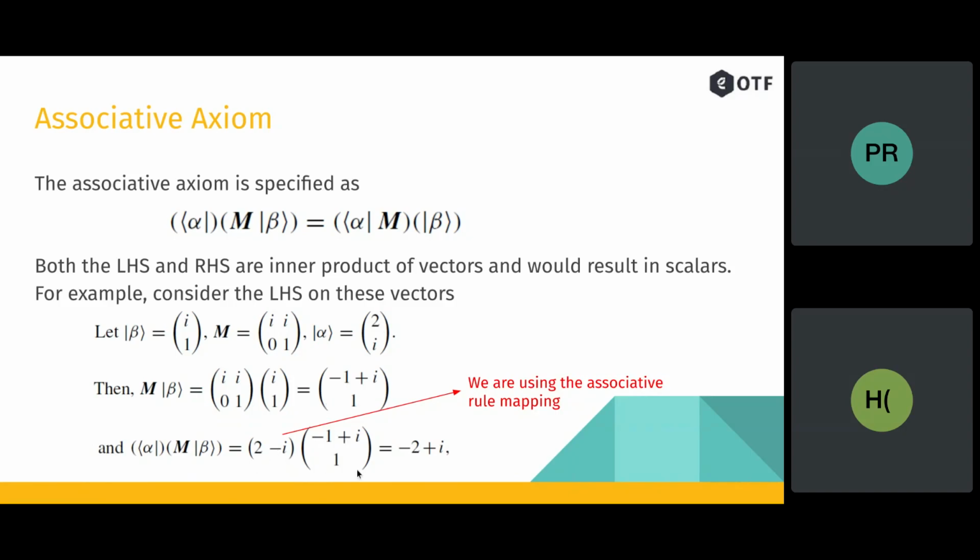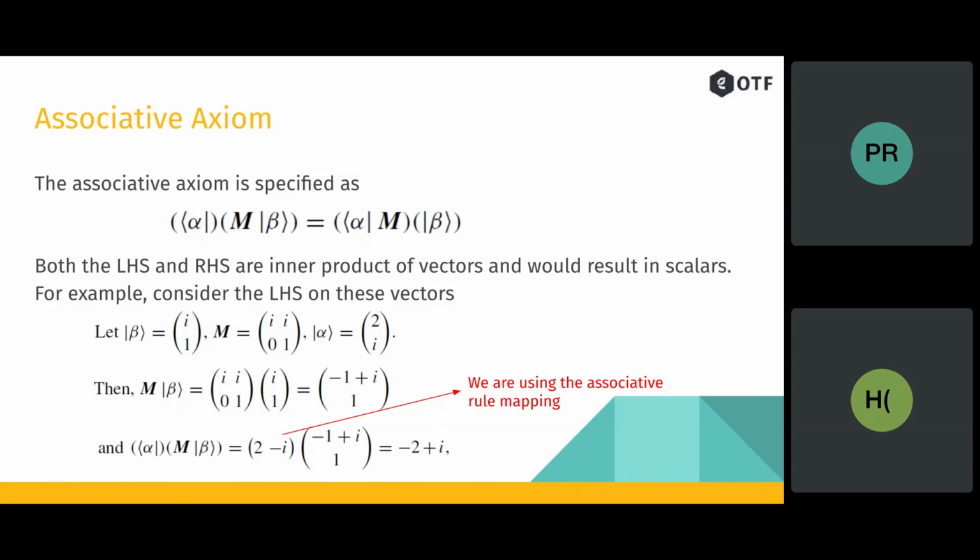You take the M beta and multiply: 2 into minus I plus 2I becomes minus 2 plus 2I, and minus I into 1.